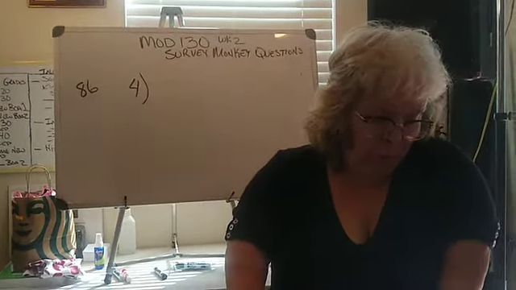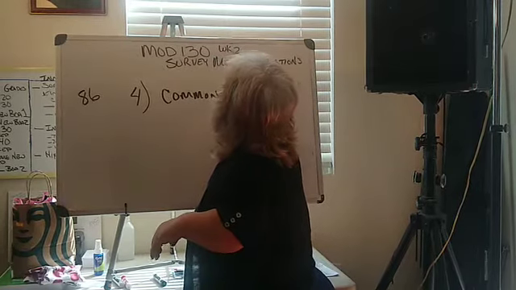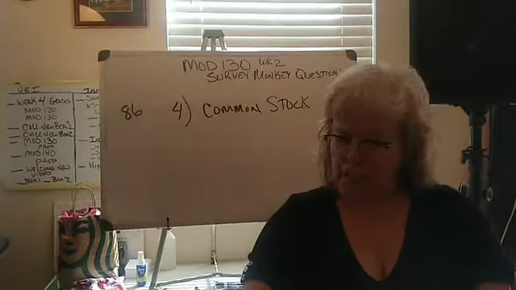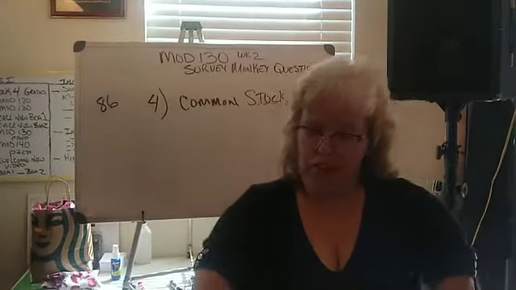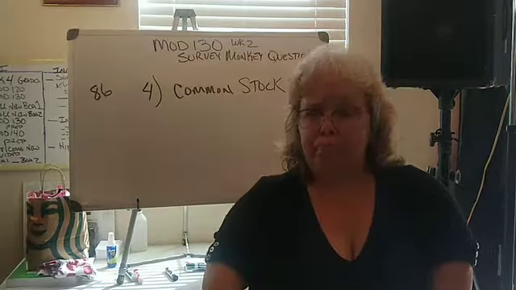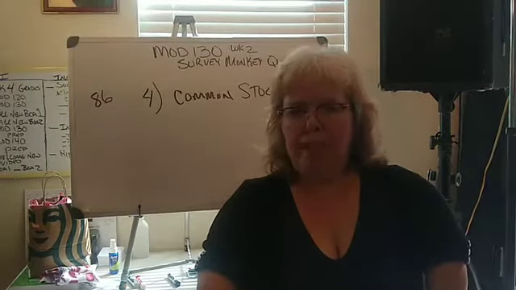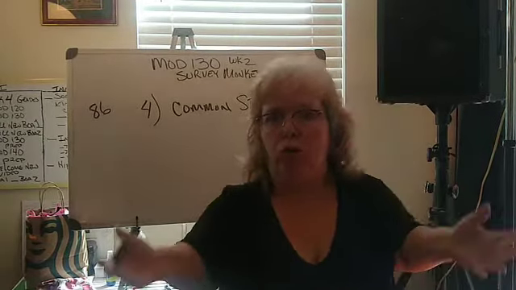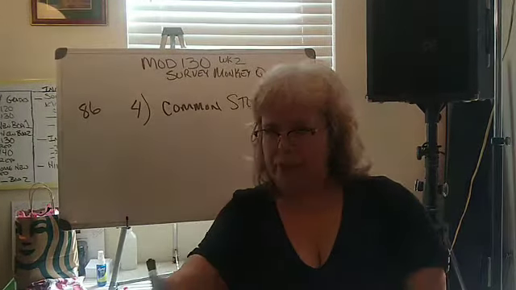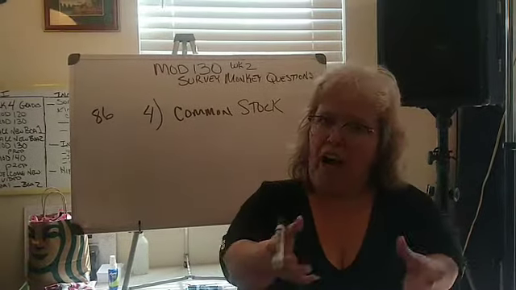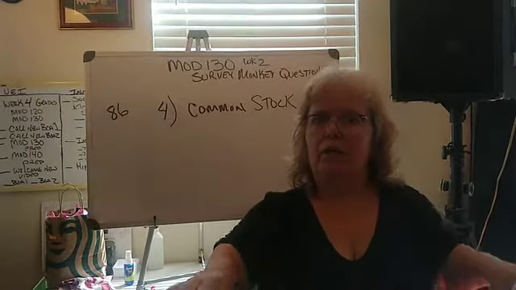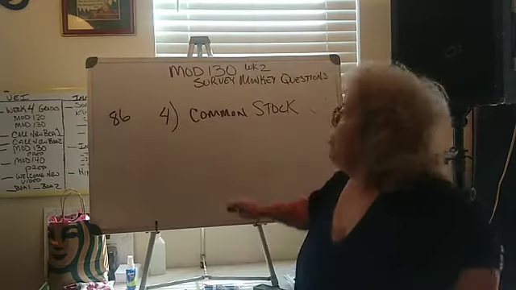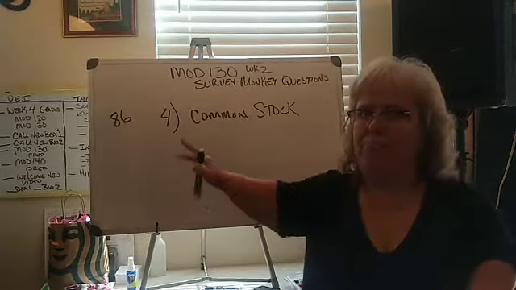Let me explain what that means. They don't have preferential treatment when it comes to dividends. Dividends are when the company makes money. And when the company makes money, the stock goes up and has more worth. Well, when that happens, at a certain point, they divide up that worth among the shareholders, the stockholders. Well, what that's saying is people who own the common stock don't have preferential treatment.